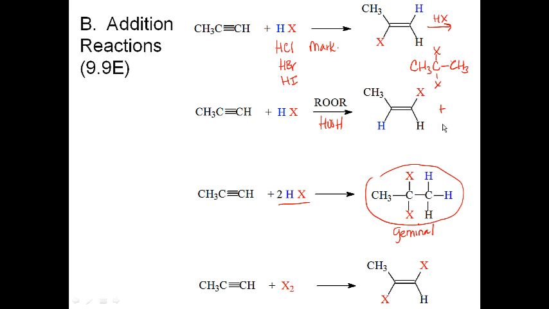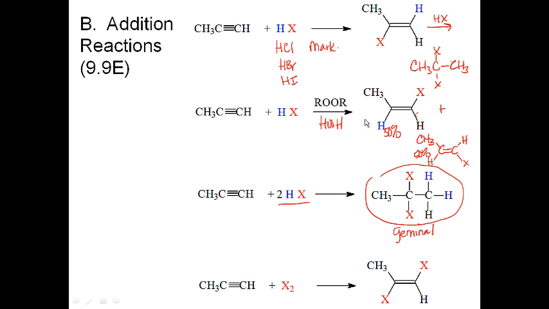So the other possible product of this reaction would have the H and the X now cis to each other, and so I would get 50% of this product, 50% of this product, because this goes through a radical intermediate.